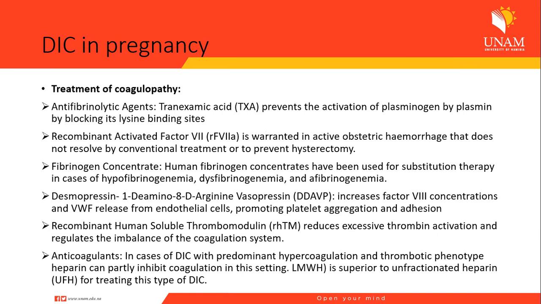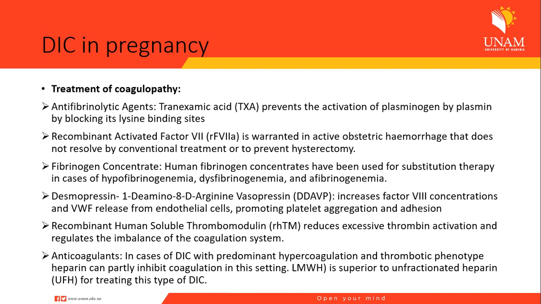One of the very important aspects of management of DIC in pregnancy is the need to treat the coagulopathy. All right, there are different ways this can be achieved. Number one is the use of antifibrinolytic agents.